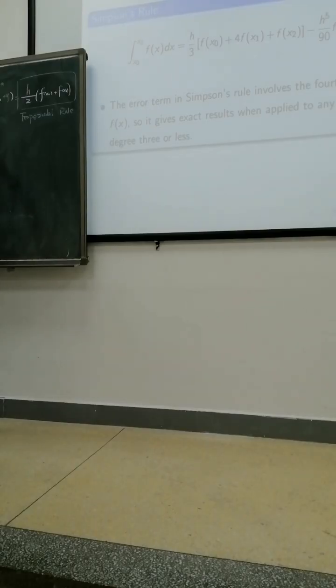And in the formula, f of x0 plus 4 times f of x1 plus f of x2. Okay, like this. The residue error will be discussed later. This kind of technique we call the Simpson rule.